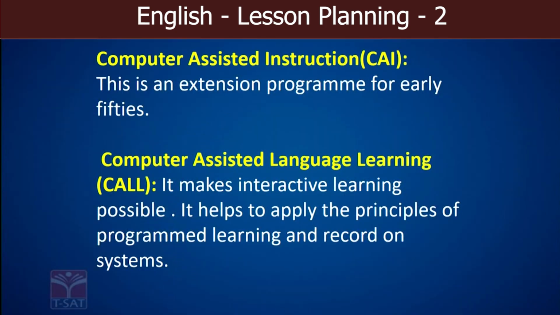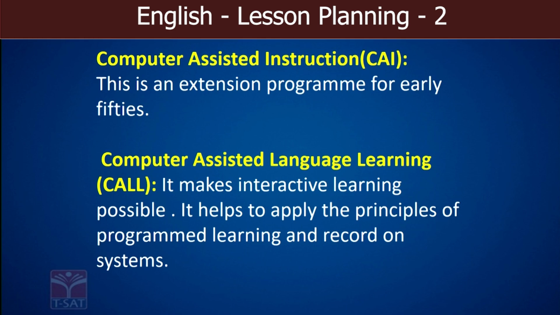And the next is computer assisted language learning. This CALL is about language learning only, whereas CAI gives an extension program for all subjects. CALL, computer assisted language learning, makes interactive learning possible.